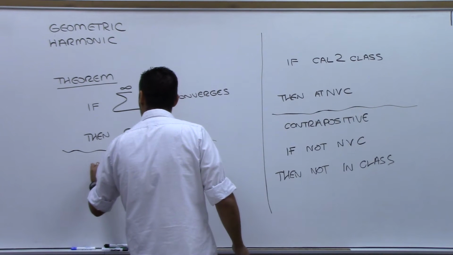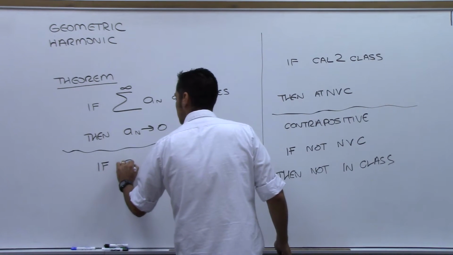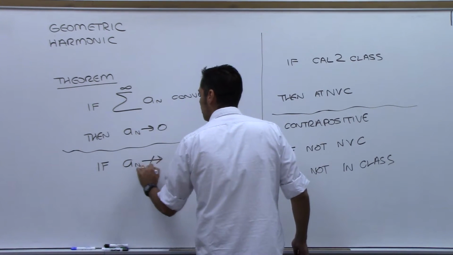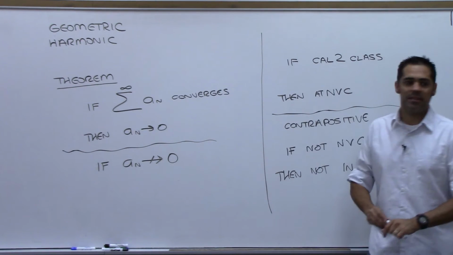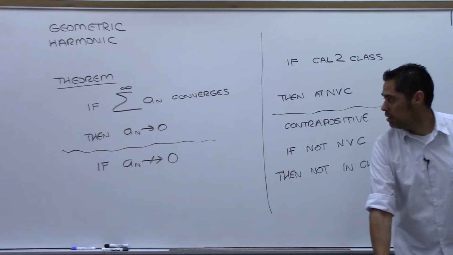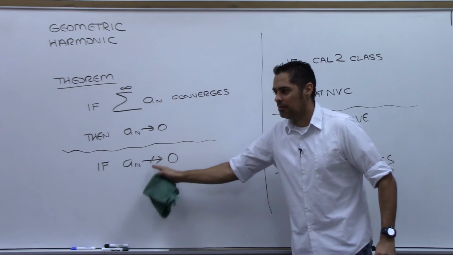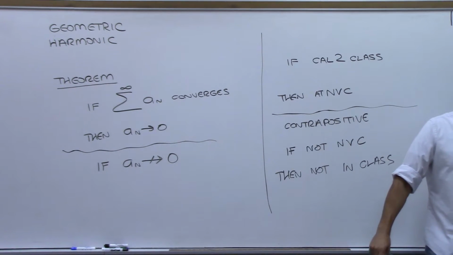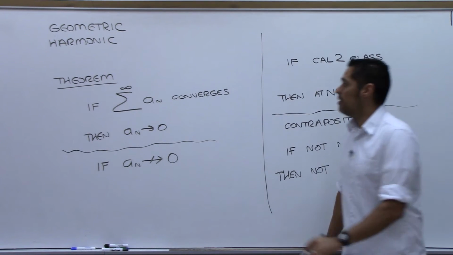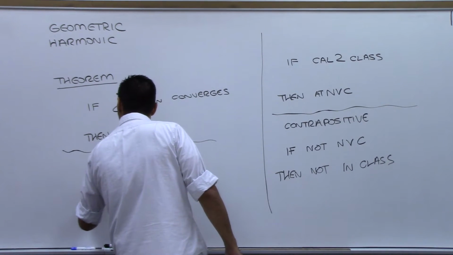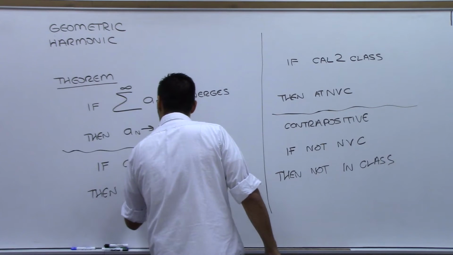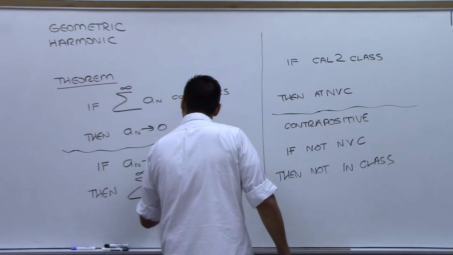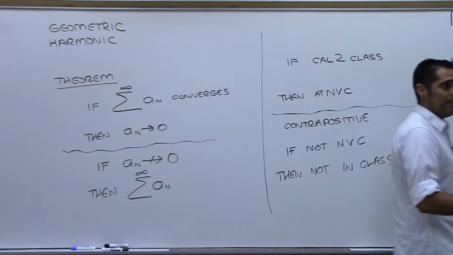If the sequence does not go to 0, see my little knot in there, little arrow, little cross through it? If the sequence does not go to 0, then the series does not converge, which means it diverges.